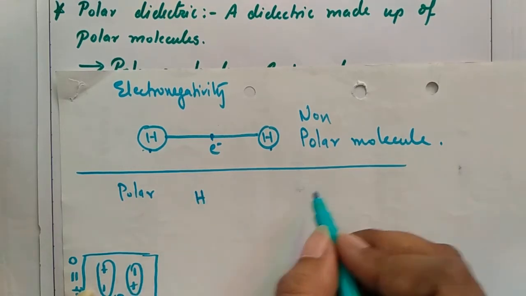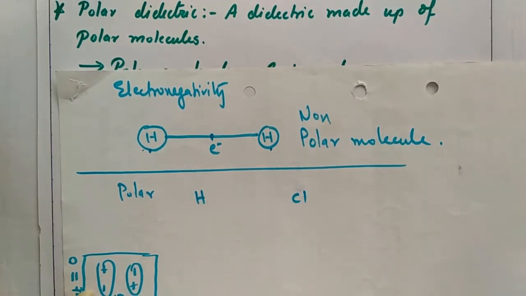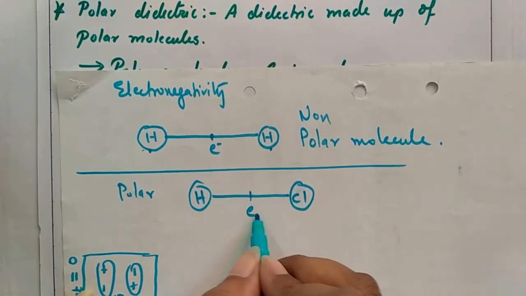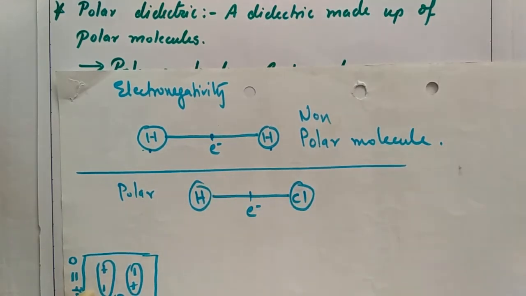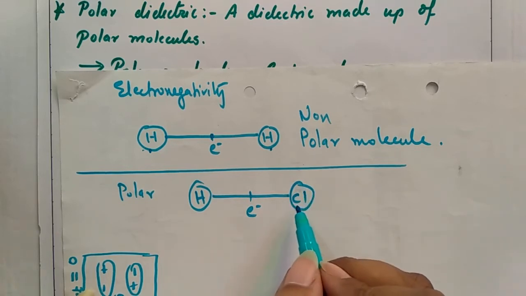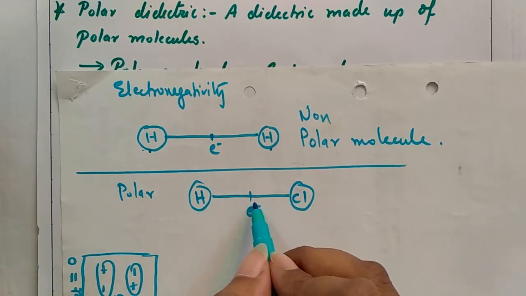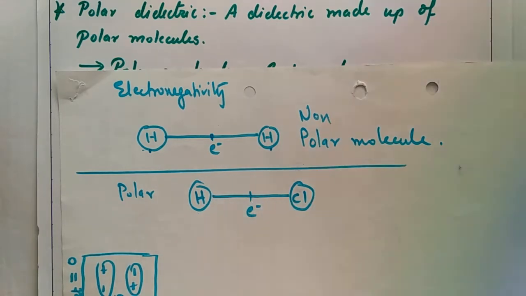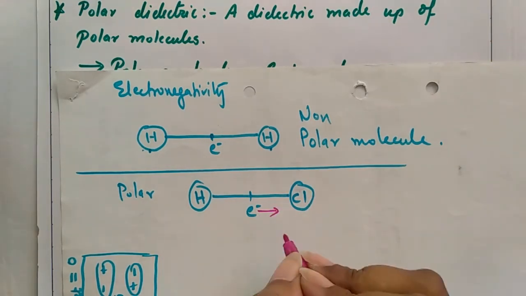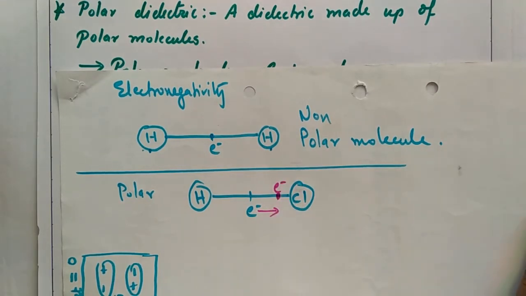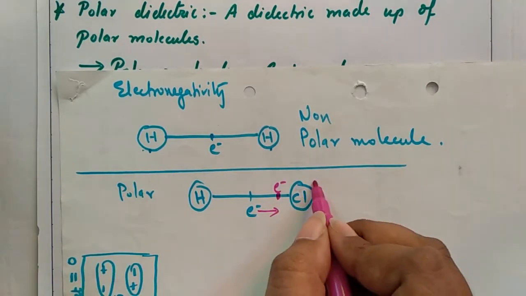So suppose this is H and suppose this is Cl, and now I am placing one electron at the center, at this position. We know that this chlorine is more electronegative than this hydrogen. So what happens? This electron will be attracted towards the chlorine. So instead of remaining at the center, this electron will move in this direction and it will remain near to the chlorine atom, and hence this becomes negative.